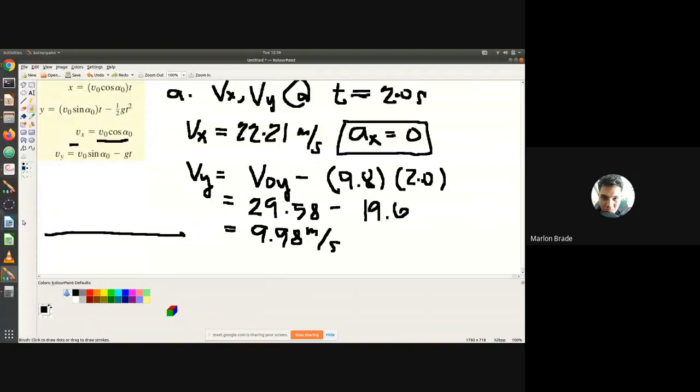Pero nga ito, projectile na kayo. So at 2 seconds, naa siya somewhere dire, kaya akong ibutang pula.